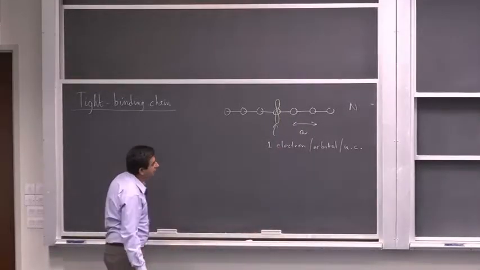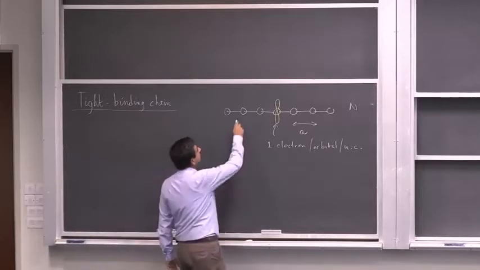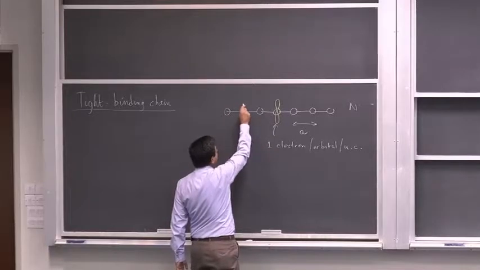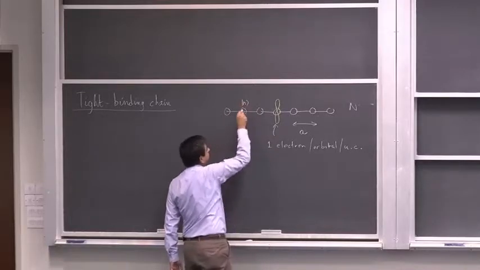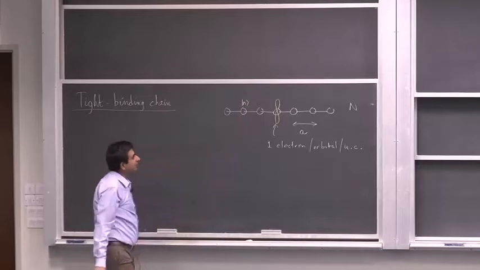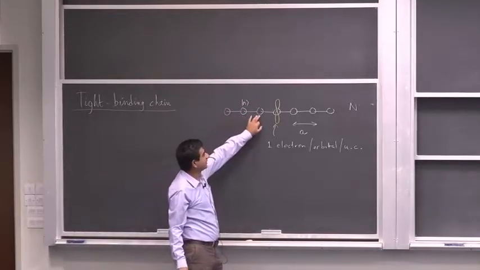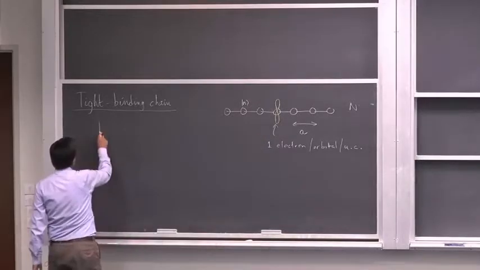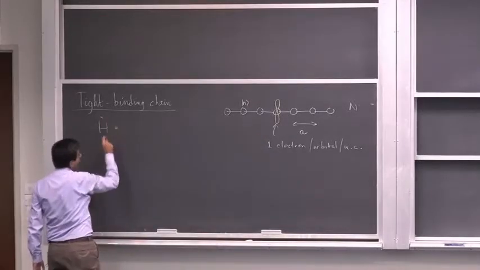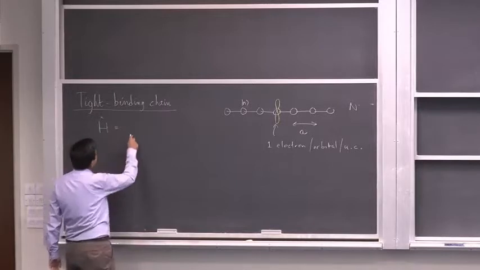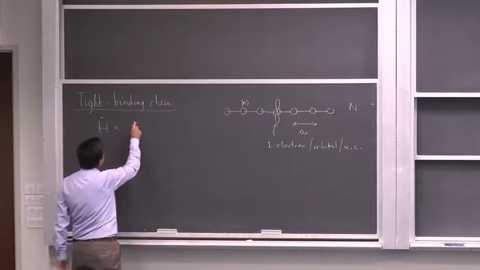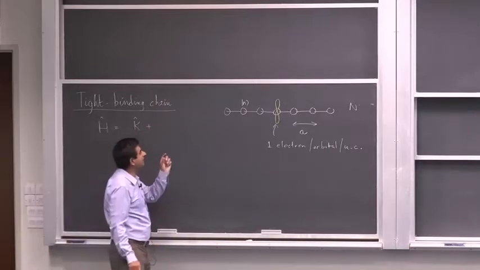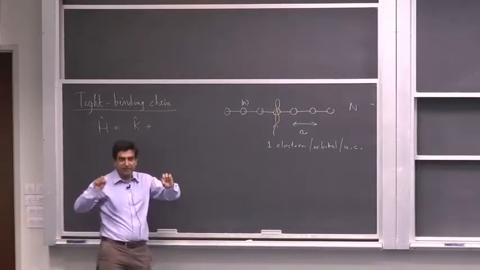Now what we would like to do is represent the electrons belonging to an orbital, belonging to an atom, by the state |n>. For example, this could be ket 1, ket 2, ket 3, ket 4, and so on. And if you were to write the Hamiltonian for this system, H, for a single electron, we will have a kinetic energy, of course, K, plus we will have a potential energy term, which is the interaction of the electron with each of the individual nuclei.